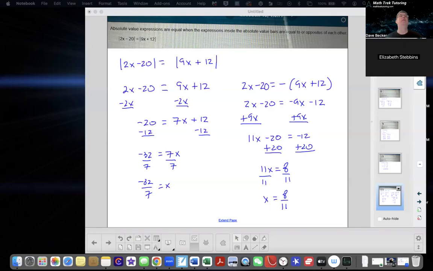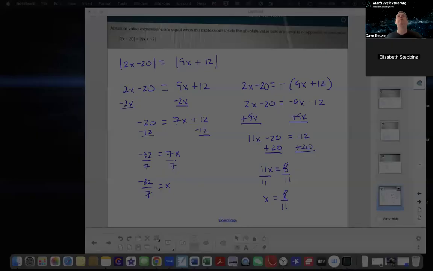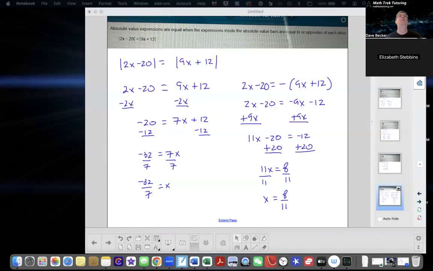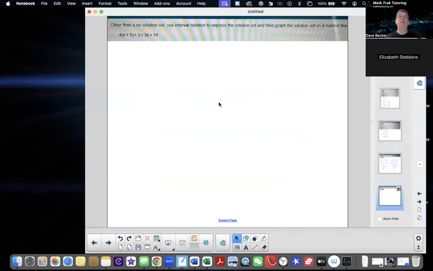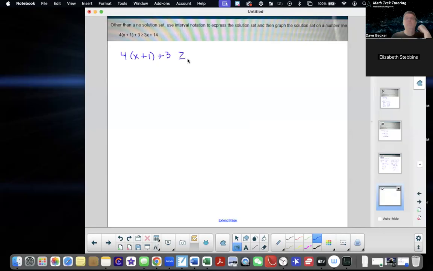Okay, so here's some inequalities. Solving inequalities, we solve exactly the same way we do regular equations, as long as there's nothing like squared or cubed.